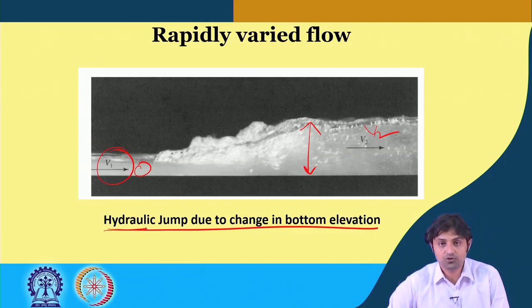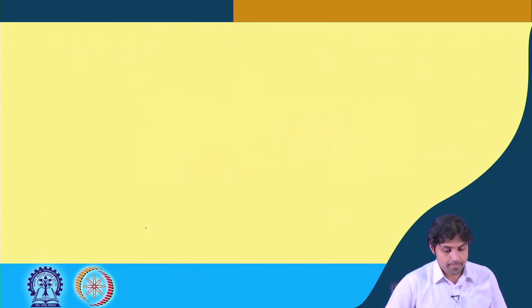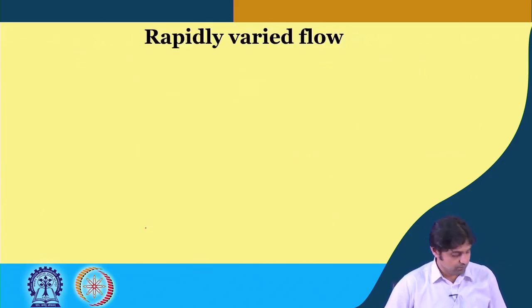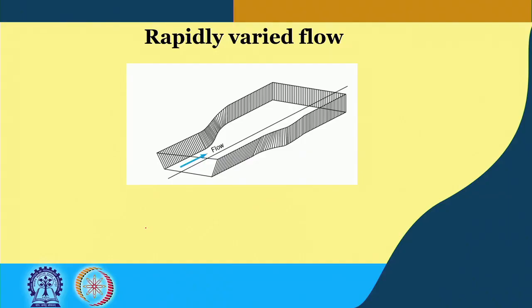We are able to say that because we know it from before. This is a photograph from probably one of the experiments. So, that was a fair introduction to rapidly varied flow. You now understand that hydraulic jump is one type of rapidly varied flow.